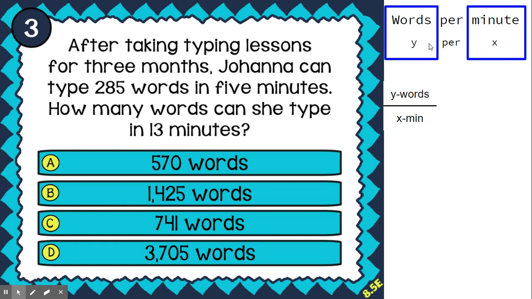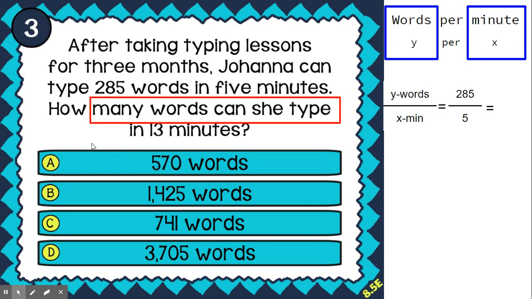So looking at what is first being told to me here, 285 words in 5 minutes. So that is my first fraction. How many words means that I don't know my y, but I know that I want to know in 13 minutes.